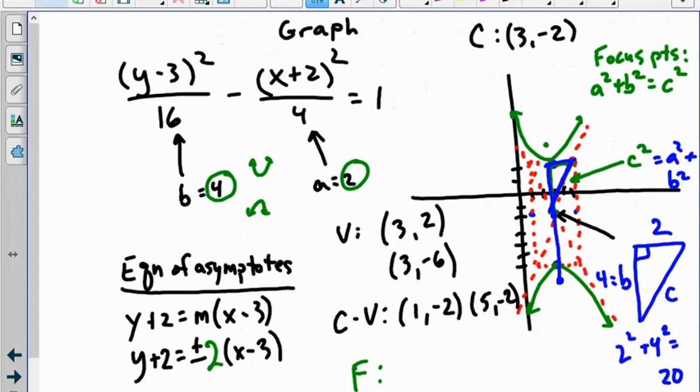So our focus is the square root of 20, which we can reduce to 2 square root of 5. And so our focus points are in the y direction, so that means the x isn't changing. That's 3. And then we had negative 2, which was our y value of the center, plus or minus 2 square root of 5. So we're going up 2 square root of 5 and down 2 square root of 5 in order to get to our focus points. Focus points always have to be outside the vertices. They have to be outside the box.